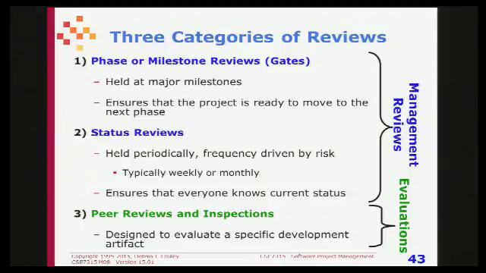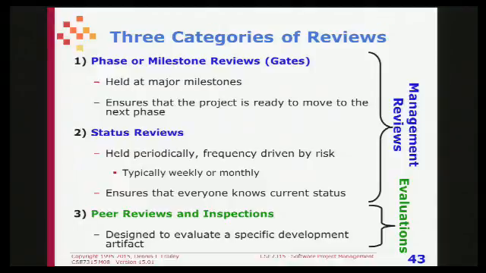Now, the third type of review is called a peer review. And this is actually a different kind of animal. It's known as an evaluation. In an evaluation, the focus is not on the project, it's on the product. You're saying, how is the software coming? How are we doing in terms of the technical aspects?